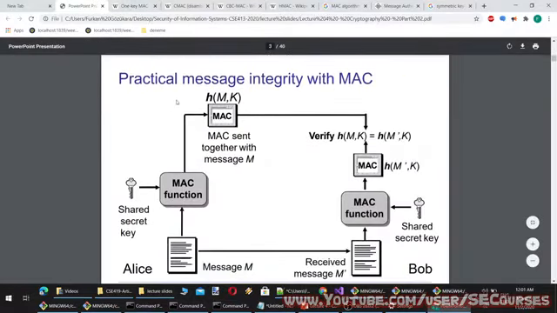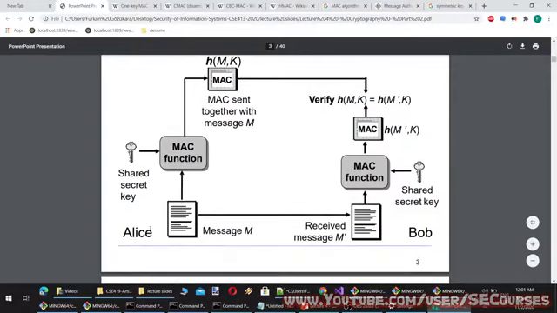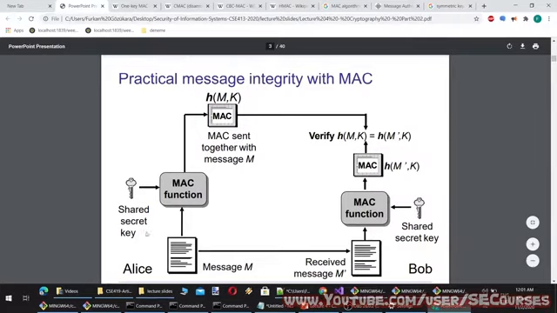Okay, so practical message integrity with MAC. How does it work? Alice wants to send a message to Bob. Alice uses the shared secret key, which was shared before applying the MAC function.